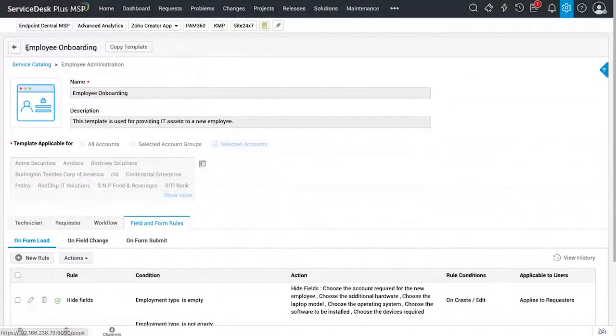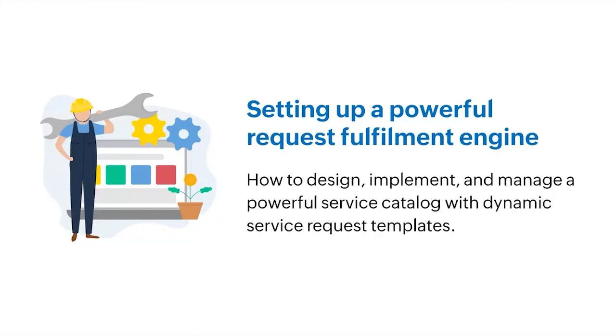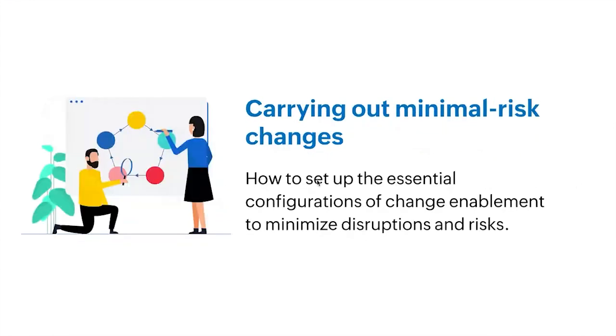And once you've done that, you'll be able to showcase all the services that are available to each and every one of your customer accounts, and allow them to create service requests, right?